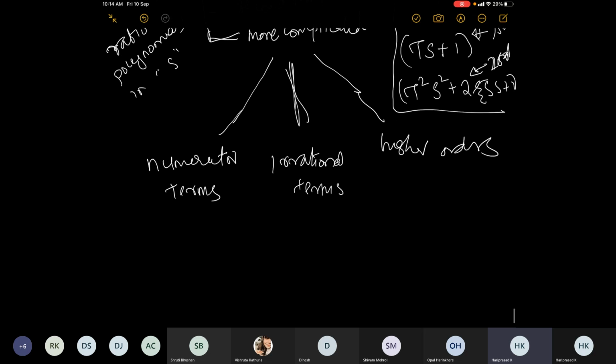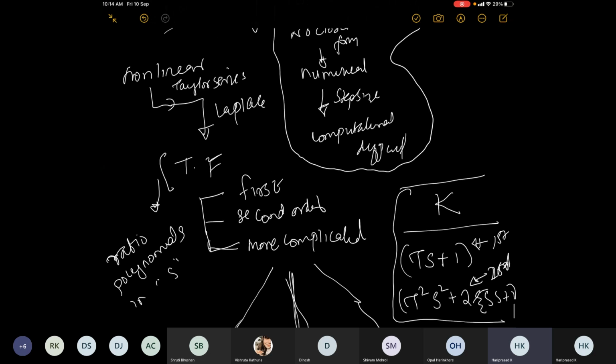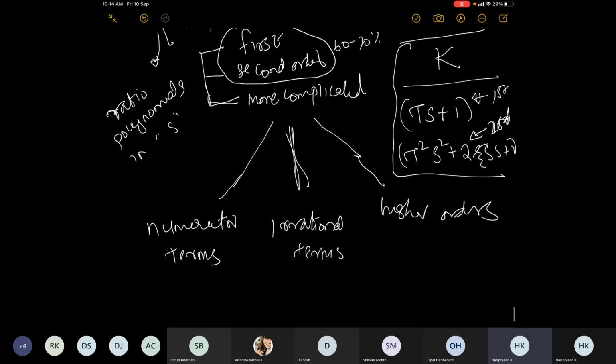So we have found solutions for how to deal with these. Oftentimes, on a statistical basis, you deal with maybe 60 to 70% first and second order systems, maximum. But the remainder doesn't belong to this cadre. So this could be more complicated than first and second order. That's why we had a separate analysis for that.